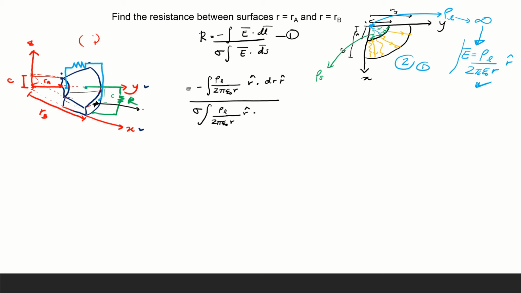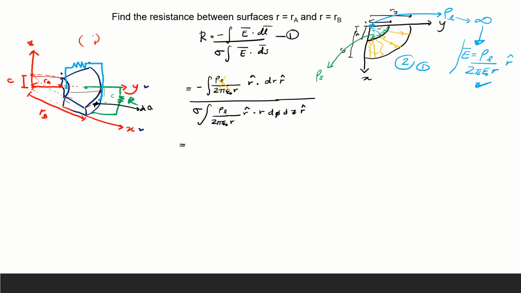This will be our dq. So ds for this area of dq in the R direction should be r d phi dz in the R direction.